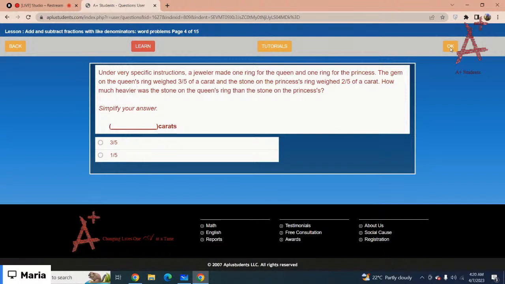You have to calculate how much heavier the stone on the queen's ring is than on the princess's. So you have to do 3 by 5 minus 2 by 5. Got it?